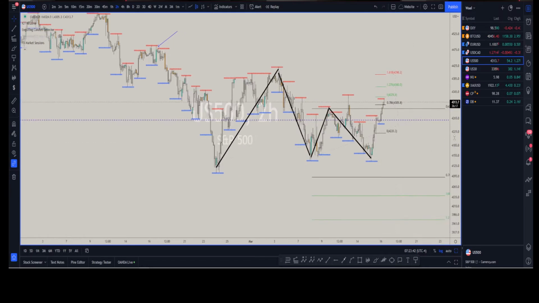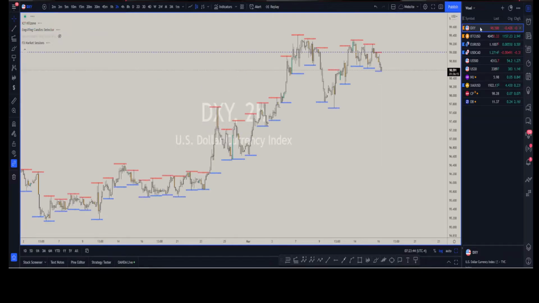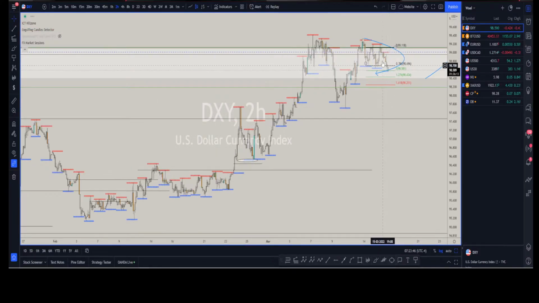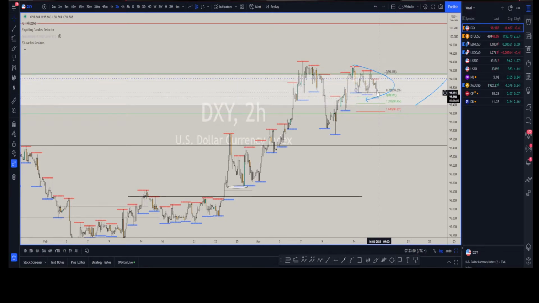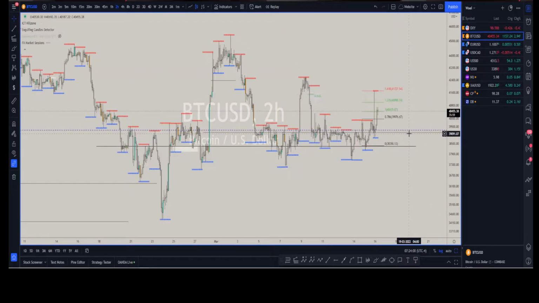Same thing for the DXY. I'm looking for a down move, which should be one small more push. Yeah, exactly. And take out these highs. So that's up for DXY. That would be down for BTC. That's what I'm looking at for the time being.